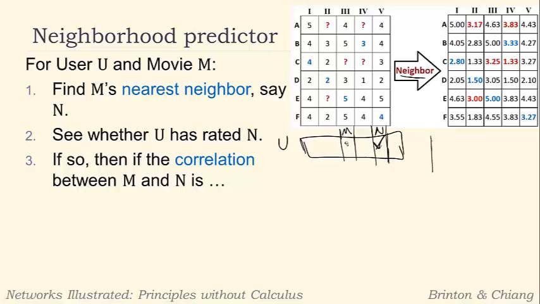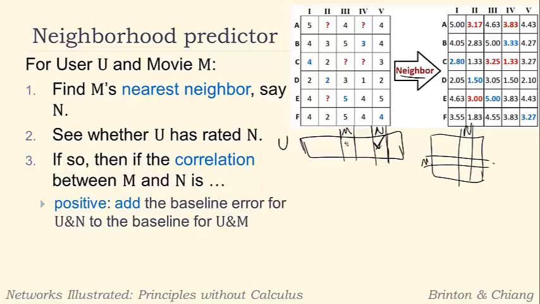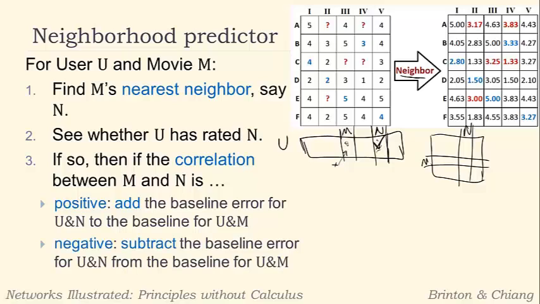Then you look at the table of correlations between movies and movies. You look from M to N, and try to see what that correlation value is. If the correlation between M and N is positive, then we add the baseline error for U and N to the baseline prediction for U and M. So we take the value we had for the baseline predictor, and add whatever error there was for U and N. If it's negative, then we subtract the error that we see for U and N from the one for U and M. And that's how we change it.